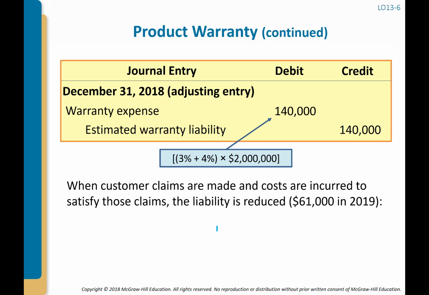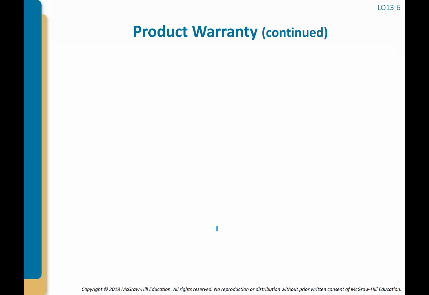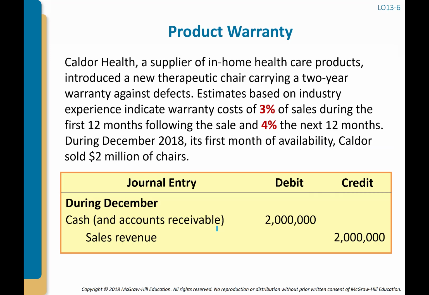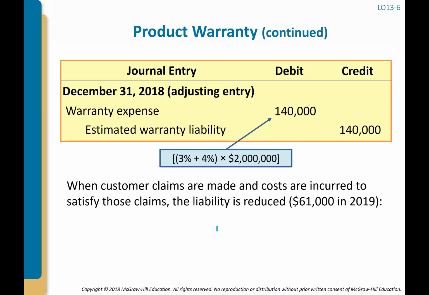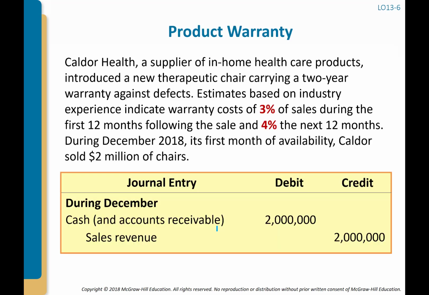Okay, so we're taking the expense what, in the year of sale, aren't we? It's 2018 sales, right? And we're taking that expense and that liability in what year? 2018, based on the sales number, right? What year did we make the sale? 2018.